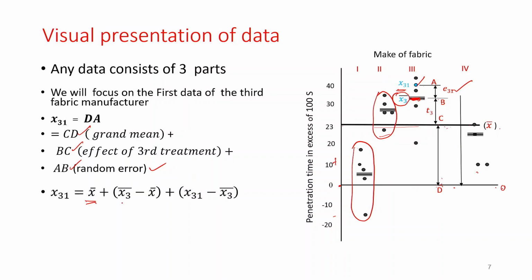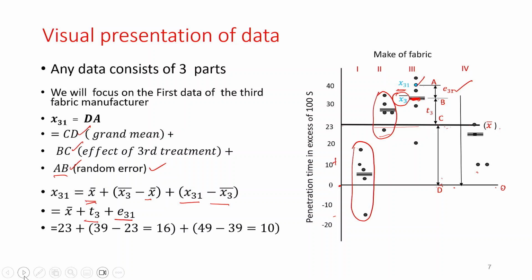BC is x3 bar minus x bar. And E3, that is AB, you can say, is x31 minus x bar 3. So we can write, therefore, x31 as x bar, grand mean, plus T3 plus E31.